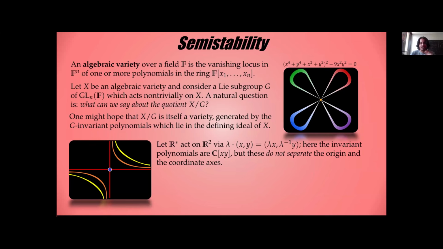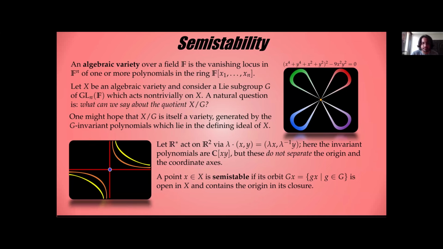This example is actually very, very illustrative, but from this example, I hope you won't mind if I make the definition that a point x on the variety is semi-stable if the orbit is relatively open, it should say in x, and contains the origin in its closure. So the axes minus the origin, those 2 are semi-stable. They're somehow different. That's where the theory of invariant polynomials seems to break when it comes to constructing a natural quotient of this group action on the variety.